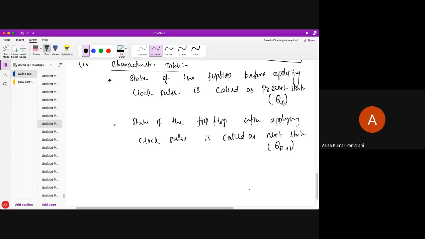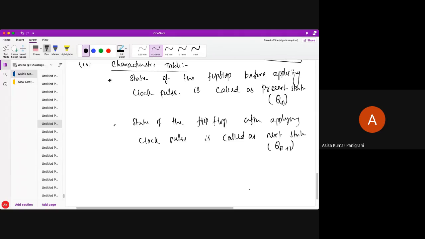What will the characteristic table tell? The characteristic table will tell how the state transition happens from the present state to the next state with the application of the flip-flop inputs. Here, the flip-flop inputs are S and R. If I apply certain inputs, maybe S equals 0, R equals 0; S equals 0, R equals 1; S equals 1, R equals 0; S equals 1, R equals 1, how will the transition from the present state to the next state happen?